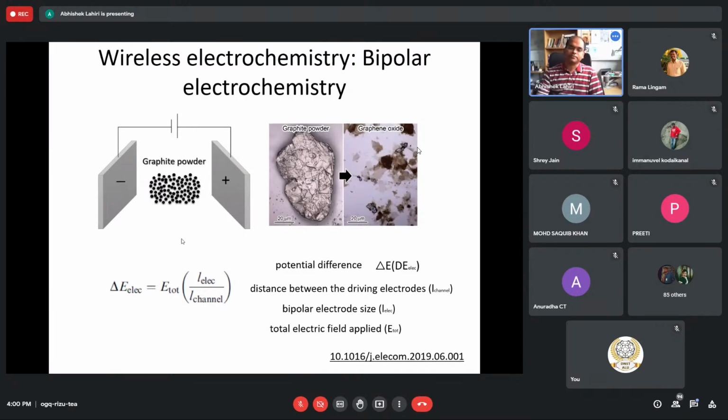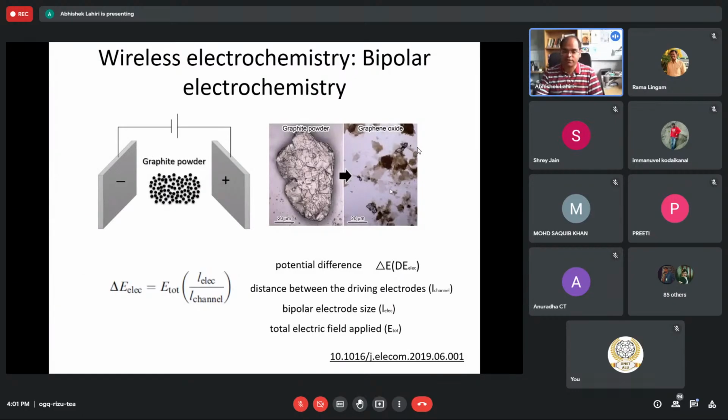And recently, using bipolar electrochemistry, one could produce relatively pure graphite powder, because in this case the electrolyte need not be a concentrated electrolyte, it can be very dilute electrolyte. Because of the voltage, you're producing the stress, and therefore the graphene is going to be relatively stable, relatively pure.